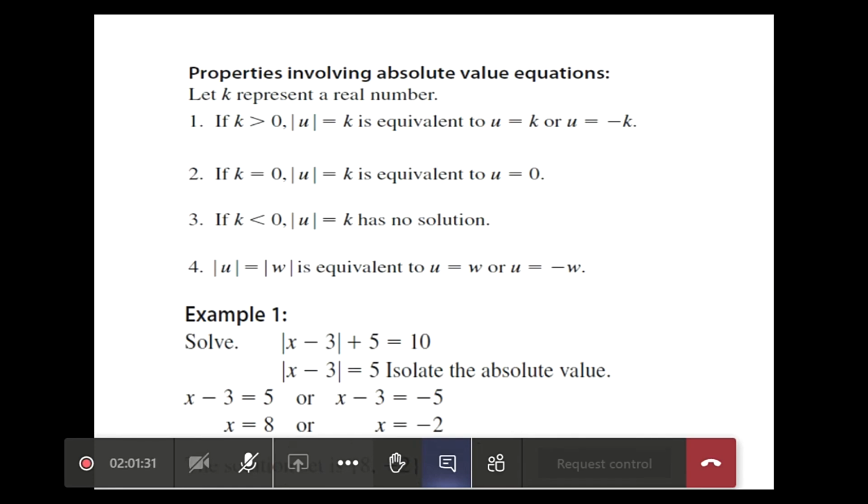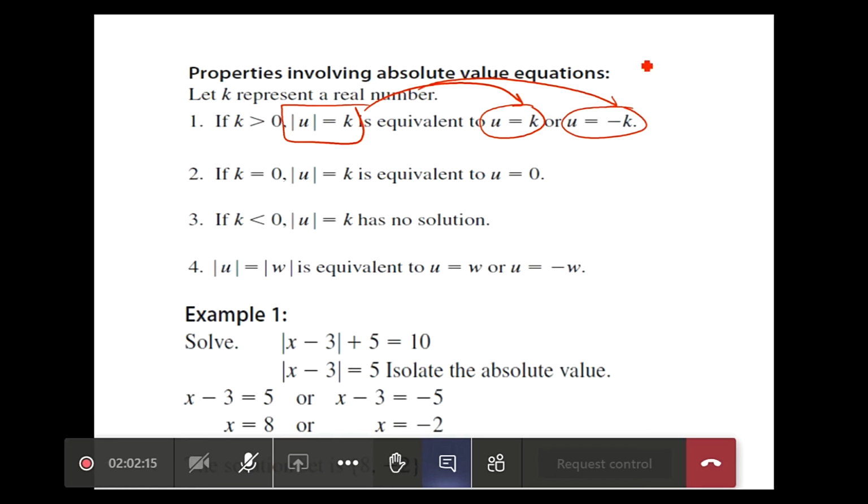Now we have the absolute value. For example, the absolute value of u equals k, with k positive. We can remove the absolute value, but we must put u equals k and u equals -k.